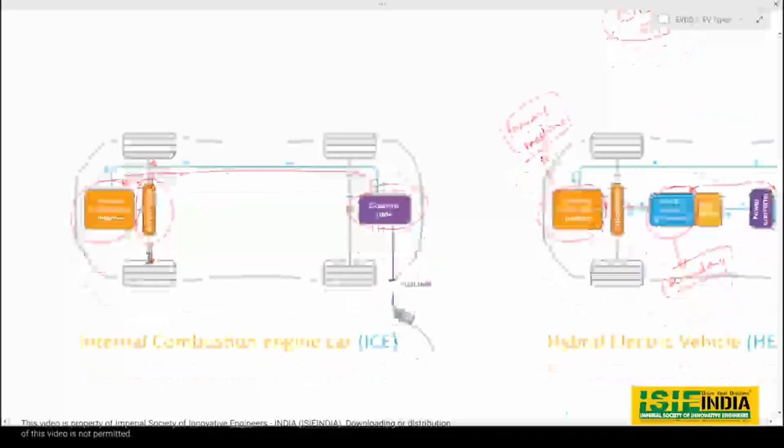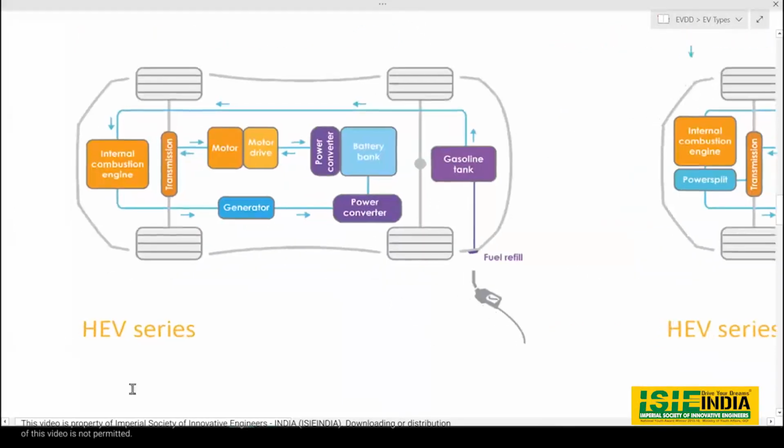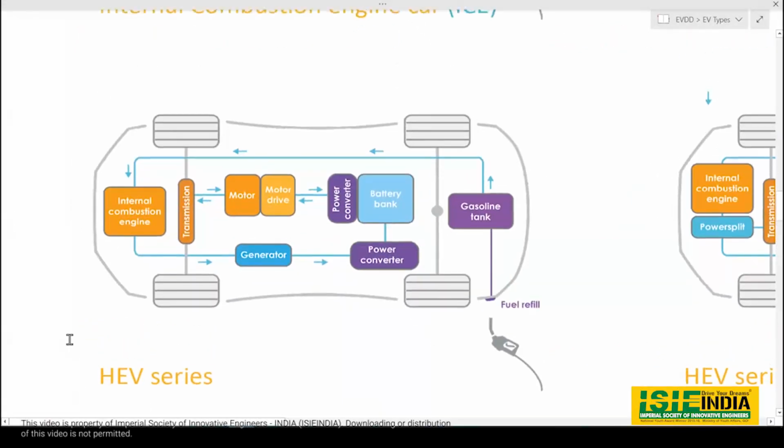So now let's move on to the second combination, which is series combination. In the case of series combination, we have the motor drive. The same thing, the electric motor is there and the IC engine is there.